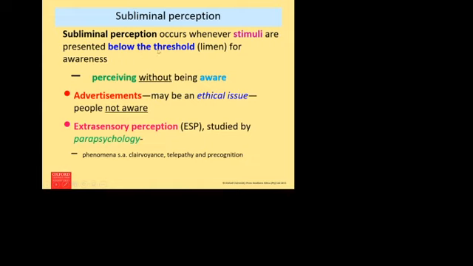Things or stimuli that come below the threshold, we still perceive, we still see, but we are not aware of the existence of these stimuli. We perceive, but we are not aware. So perceiving without being aware.